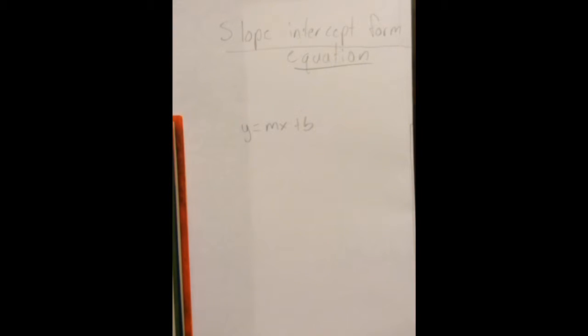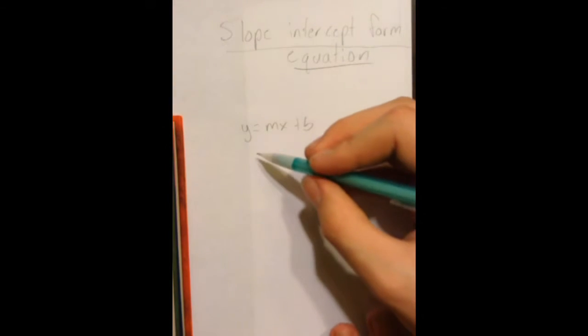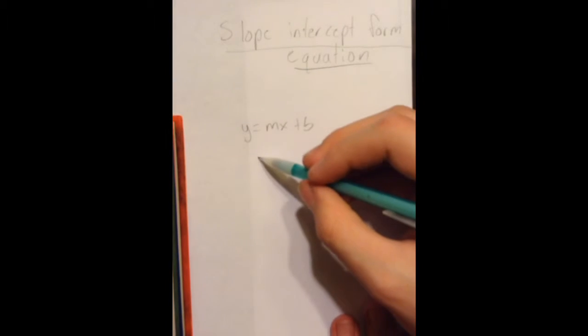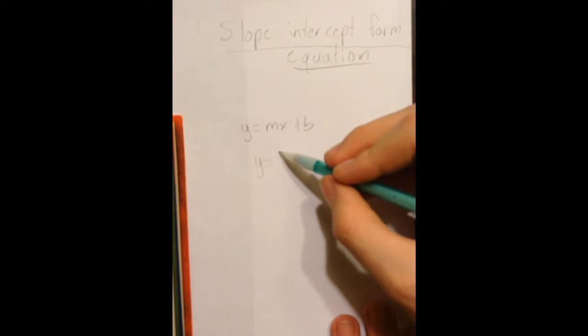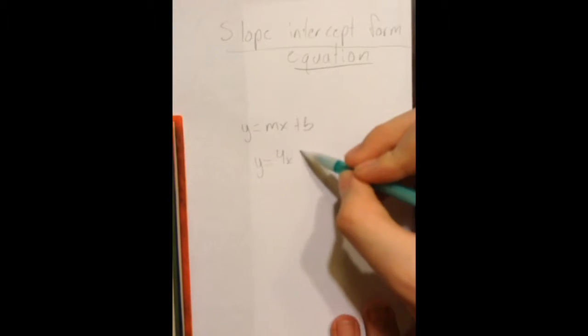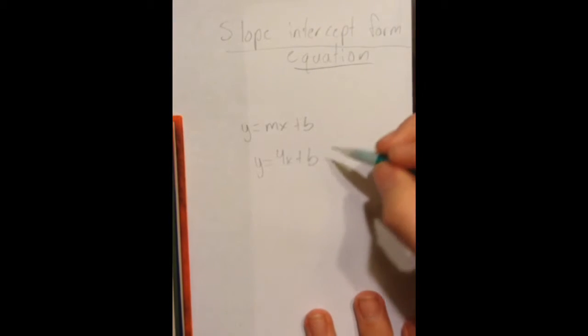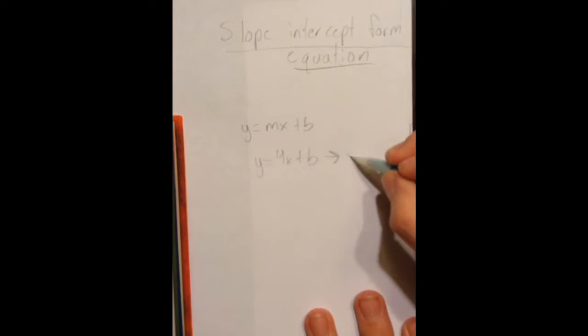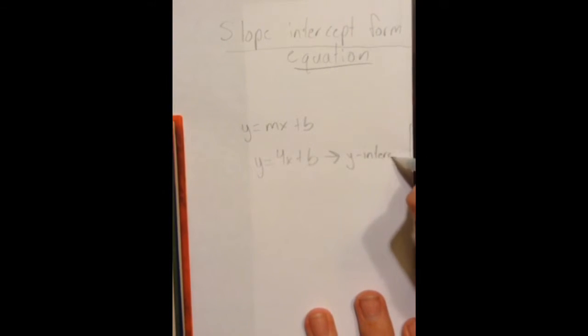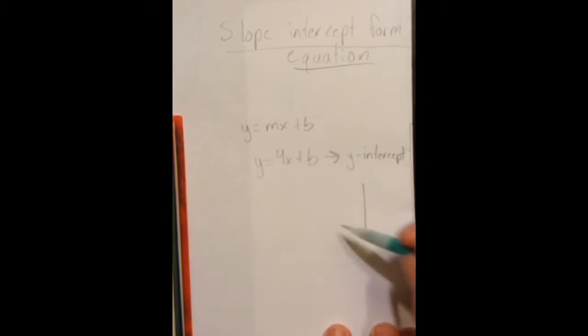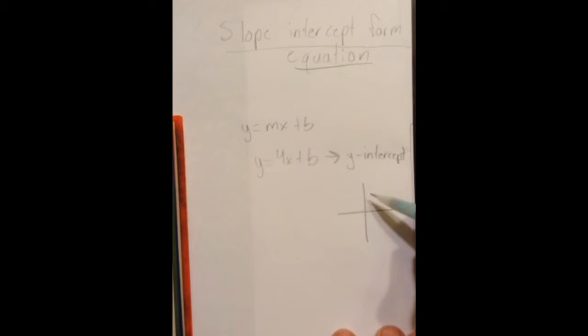To fill in a few numbers, it could be, I don't know, y equals 4x plus b. It could be something like that. Basically, the b is the y-intercept, and that will be any point on the y-axis where it crosses the y-axis.